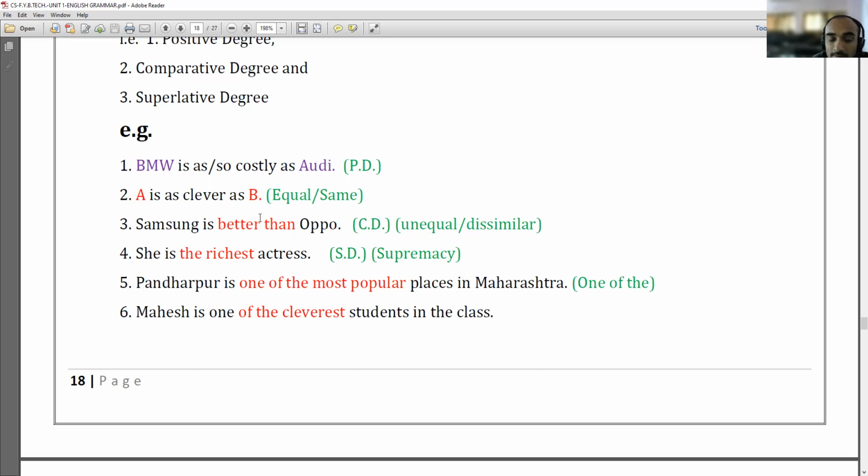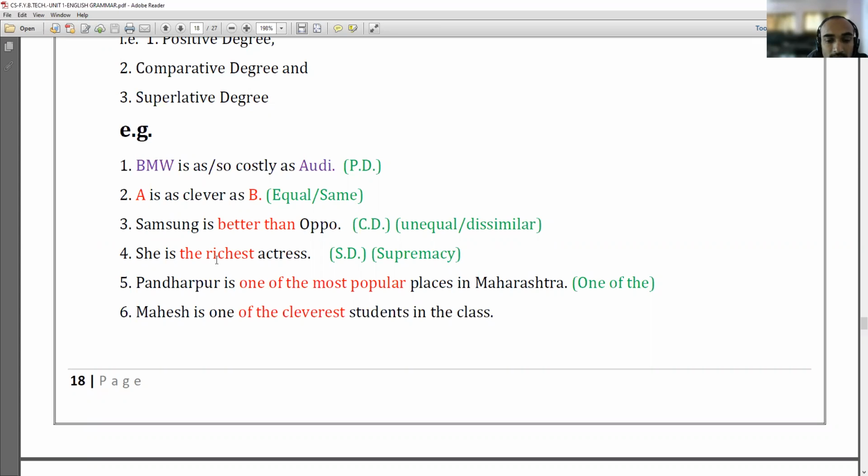What will be the meaning of this sentence? Samsung is better than Oppo. सॅमसंग हा ओप्पो पेक्षा चांगला आहे. Better than. So here we have used better, that is comparative form. Good, better, best. So that's why this is the sentence of comparative degree.